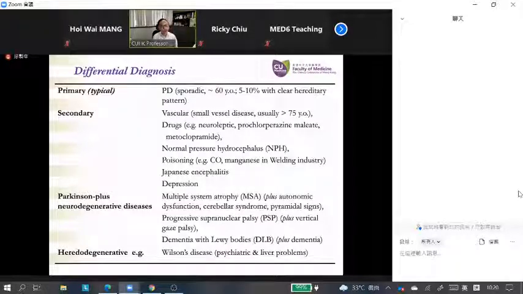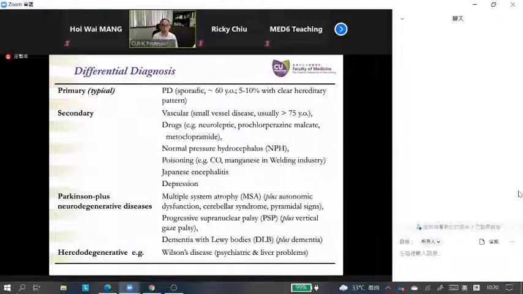So what drugs? Neuroleptics. Prochlorperazine is an anti-dizziness drug. Metoclopramide is an anti-emetic drug. So anti-dizziness drugs, anti-nausea drugs, and neuroleptics may induce Parkinsonism. But a word of caution: if a schizophrenic patient taking neuroleptics develops Parkinsonism, do not use the word tardive.